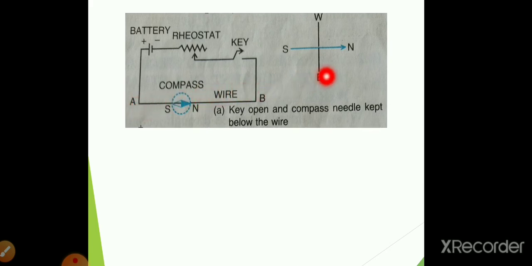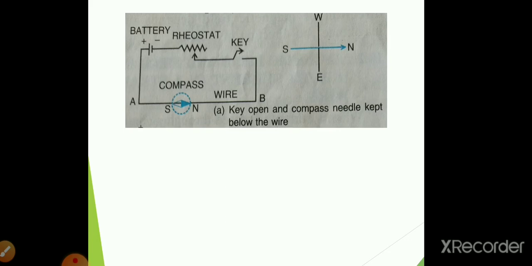You can see the direction here, north, south. The compass needle has a magnetic property. So when the key is open, there is no current, so there is no deflection. The needle is parallel to the wire.